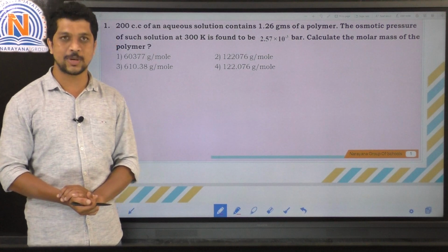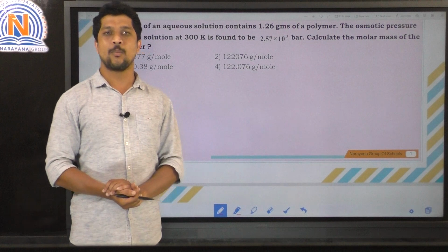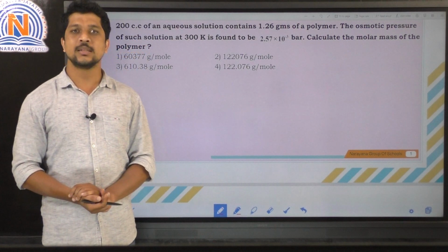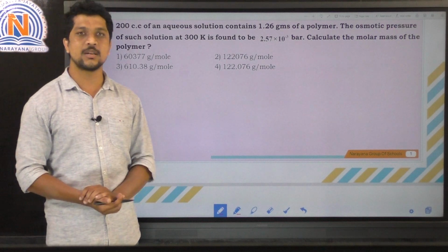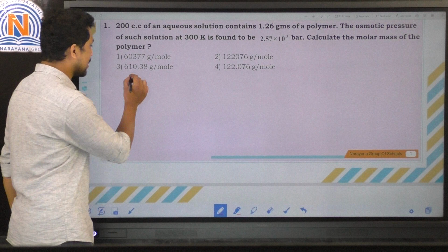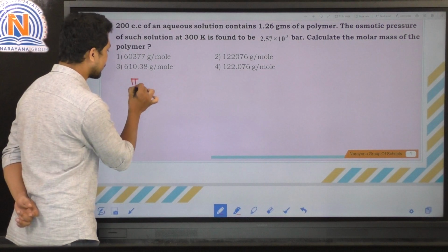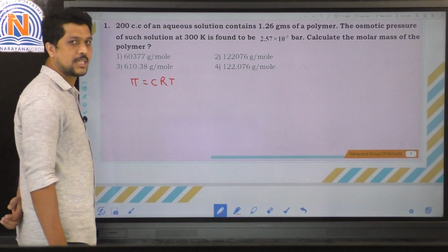So they have given osmotic pressure and volume of the solution and weight of the polymer, the osmotic pressure at 300 Kelvin, right? So we know that osmotic pressure pi equal to CRT.